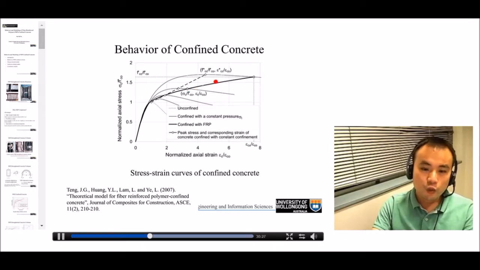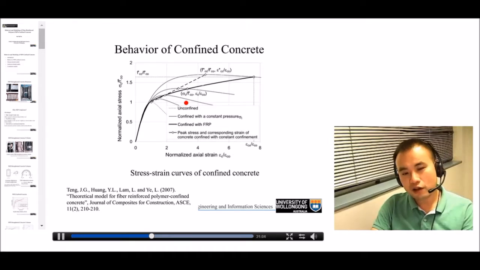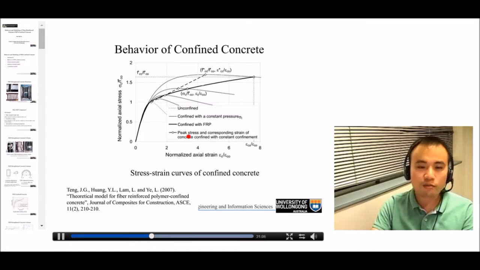And experimental results tell us that when this curve intersects with one of the curves for actively confined concrete, for example, this curve, at this intersection point, existing test results revealed that the confining pressure provided by the FRP jacket is almost the same as that from the actively confined concrete, which means it doesn't matter whether it's FRP-confined concrete or actively confined concrete.